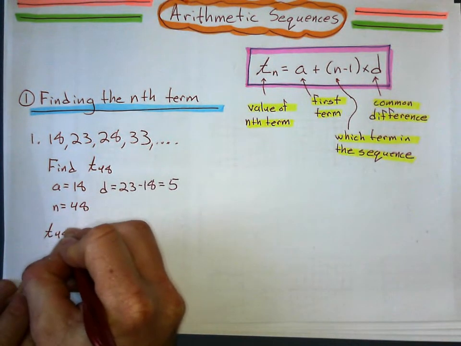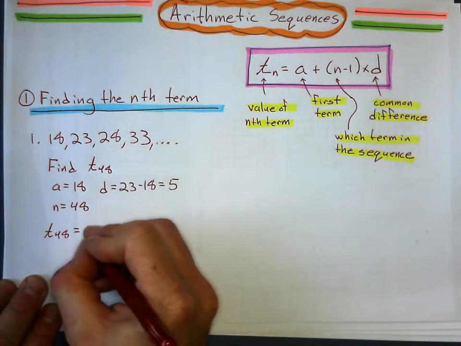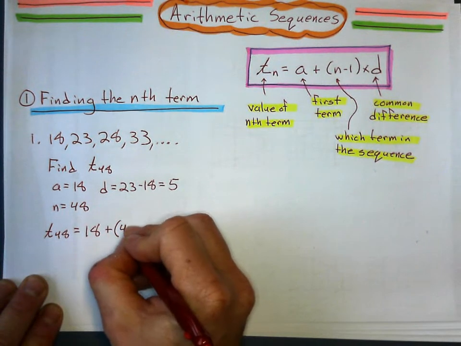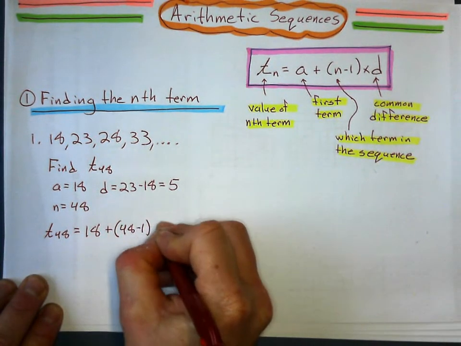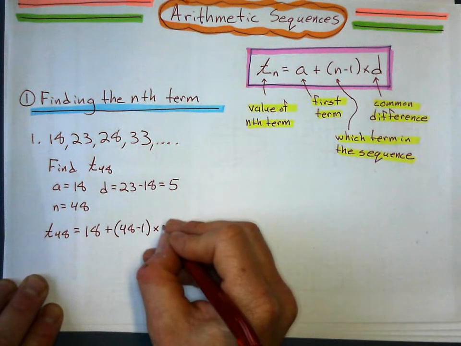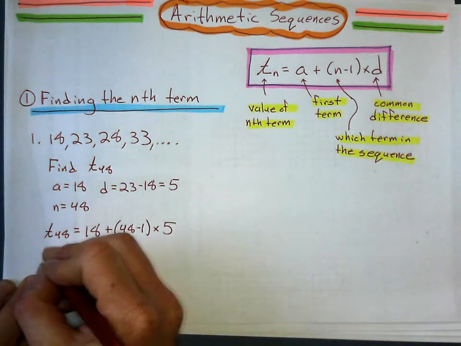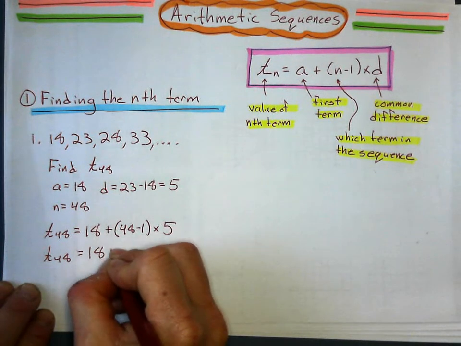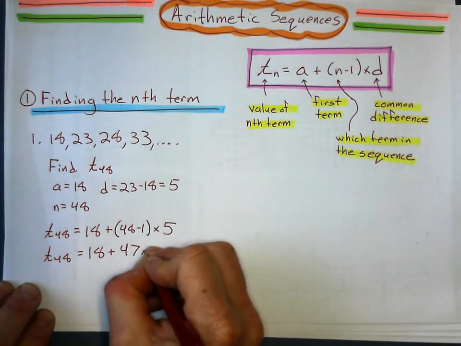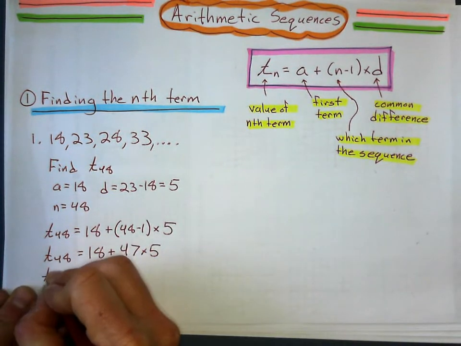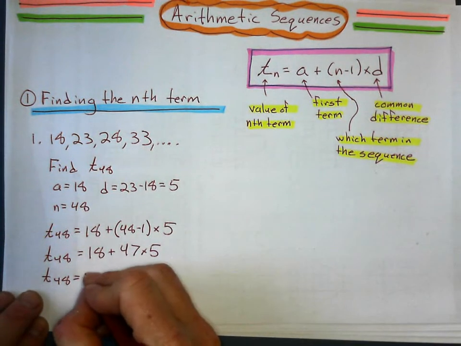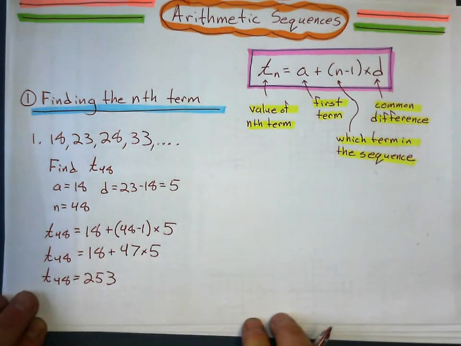So I say, okay, the 48th term is going to be the first term plus n minus 1, 48 minus 1, times the common difference of 5. So the 48th term is 18 plus 47 times 5. I worked that out on the calculator, and I get 253.